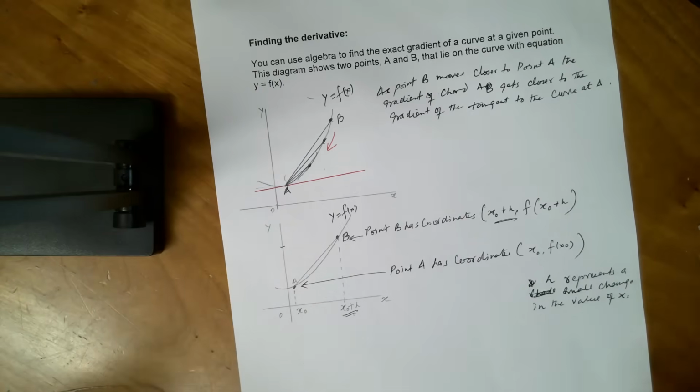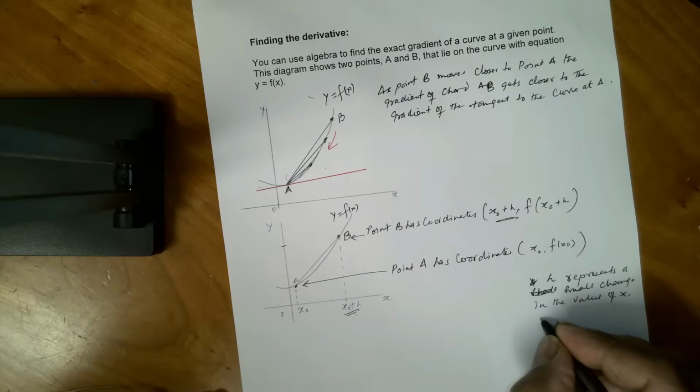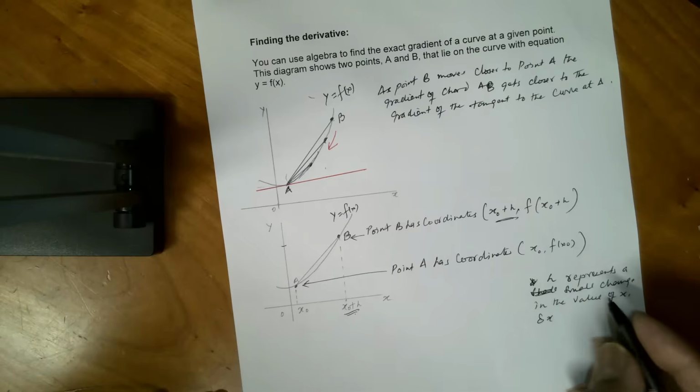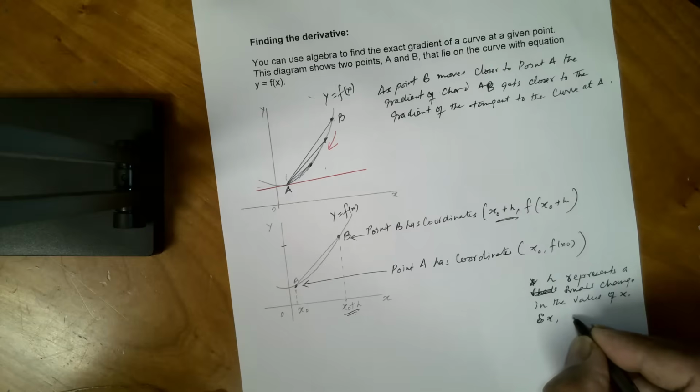Now this is what you will use. We can also write this as delta x. We say delta x to represent a small change. People write this, or sometimes they write dx as well.